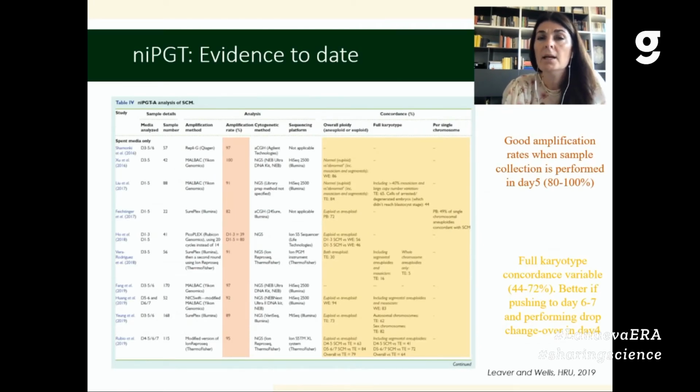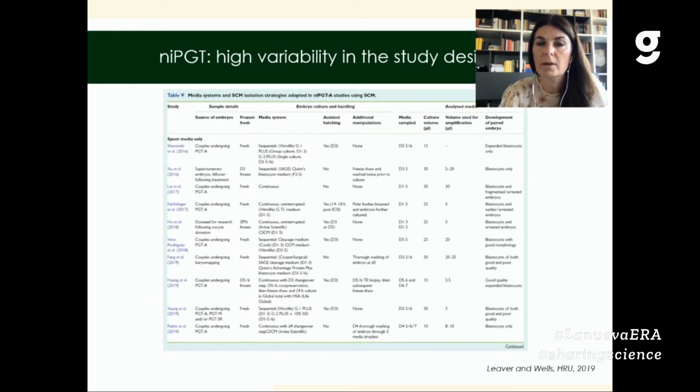Beautiful idea. Because of the advancement in the genetic lab, we are able to nicely amplify culture media coming from day 5, day 6, or day 7 blastocysts, but we still have to validate the concordance between the culture media of a blastocyst and, for instance, the trophectoderm biopsy, which is our gold standard, no doubt.